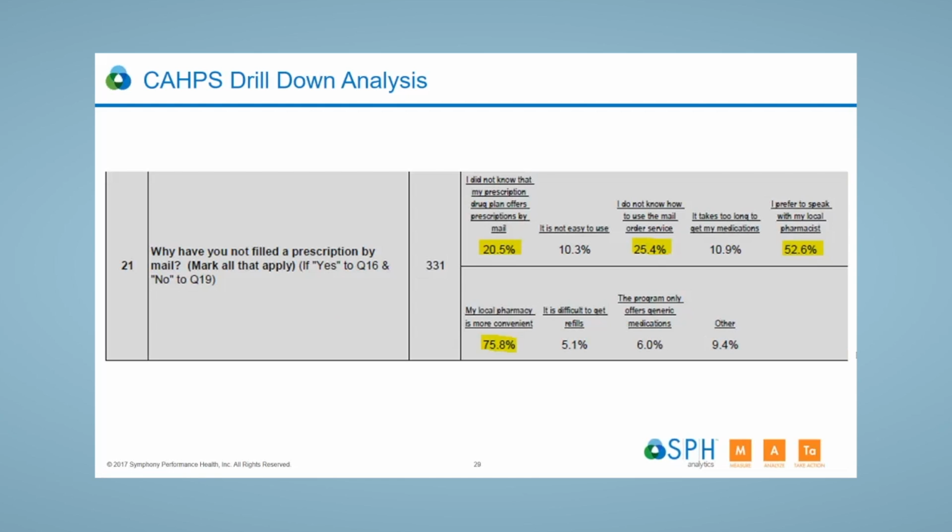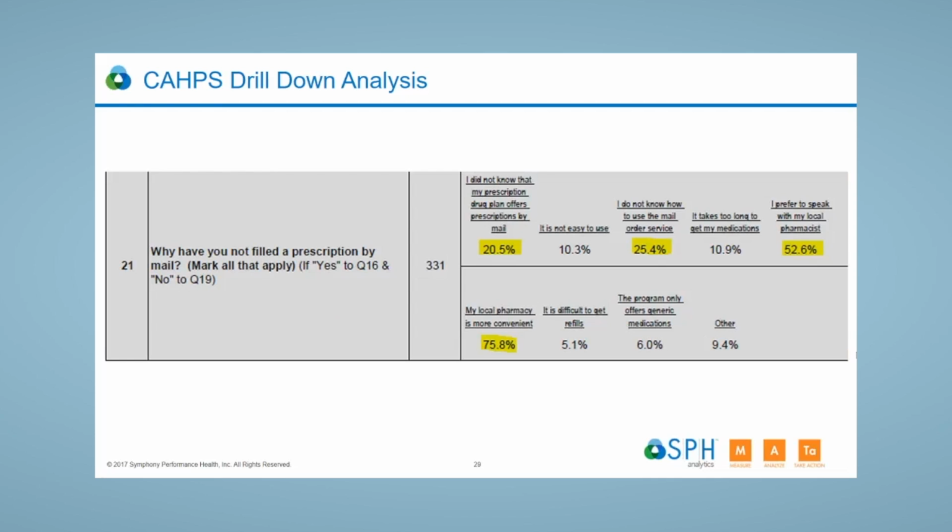So then we wanted to talk about why members have not filled a prescription with our mail order service. First of all, we asked them an earlier question, if they have filled a prescription with mail order. The majority of members indicated that they had not used mail order. So we wanted to find out why, and this was another mixed response.